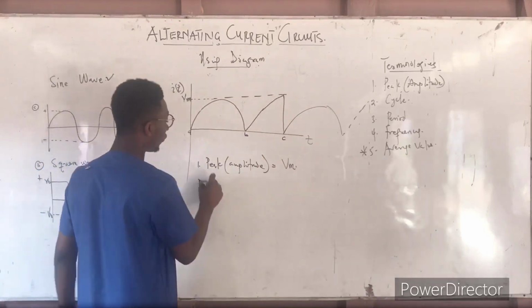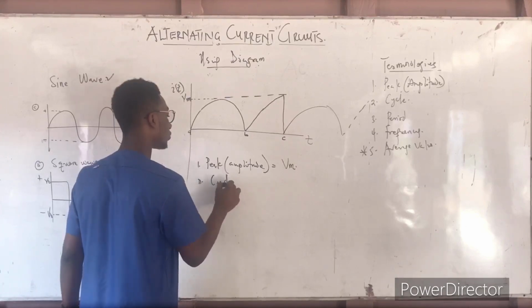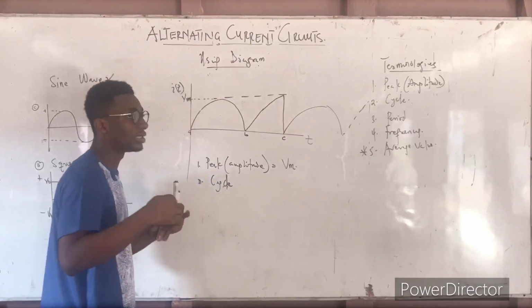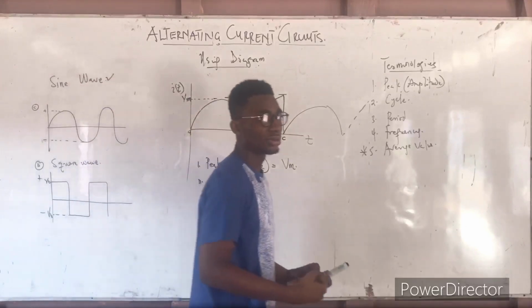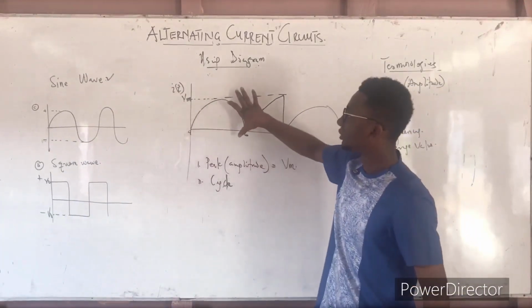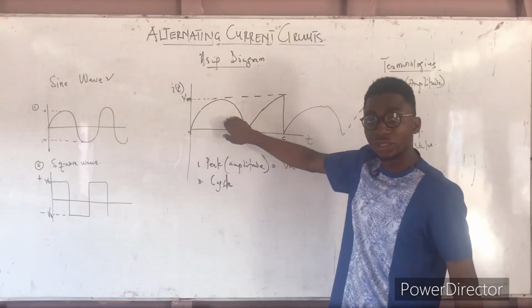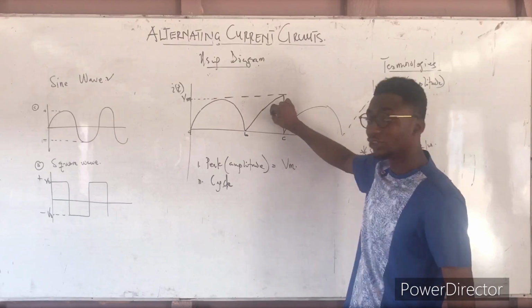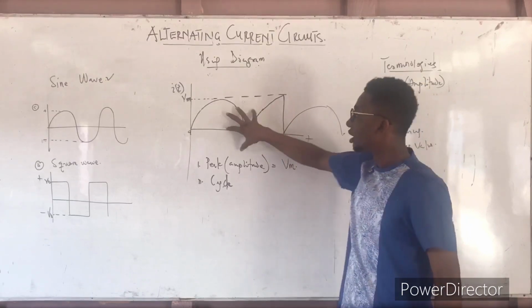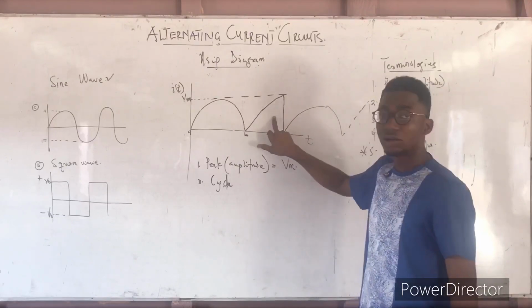And second, we want to check the cycle. The cycle becomes the repeating function that we are dealing with. With this diagram, for instance, we have both a sinusoidal function and a triangular wave function. The repeating of this is both the sinusoidal function and the triangular function.